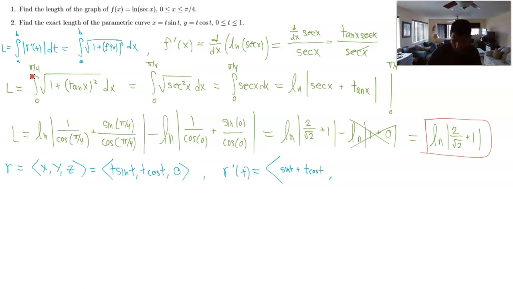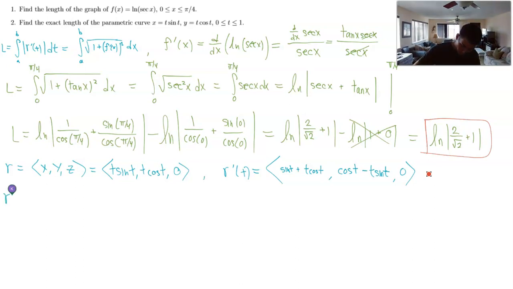We'll get something similar, cosine t, but there's going to be a negative in here, right? Negative t sine t, and 0. Again, we don't even need to write the z part because it's 0, but we could write it. It doesn't actually hurt you to do it. All it does is waste your time, so actually it does hurt you.